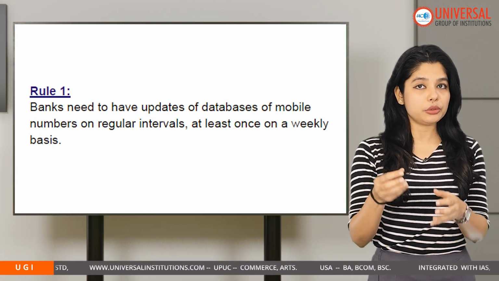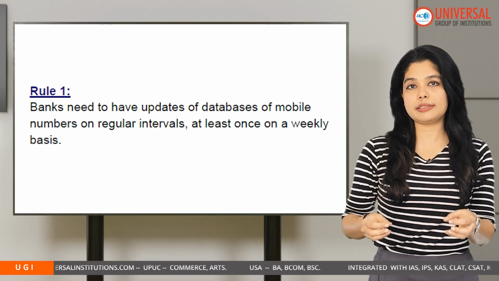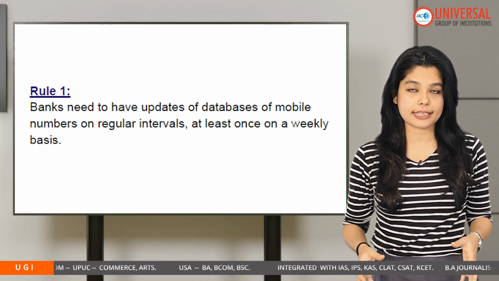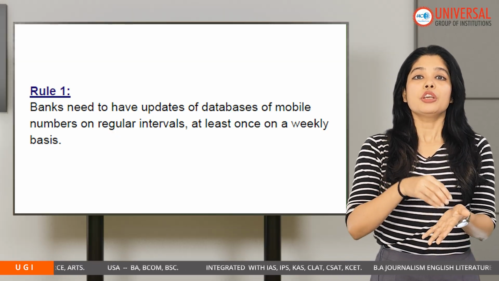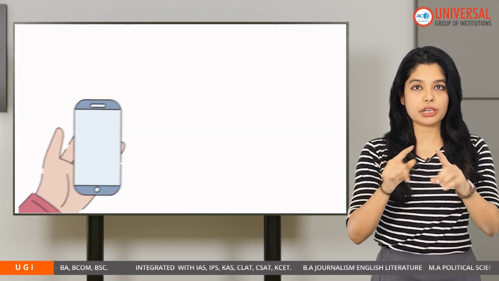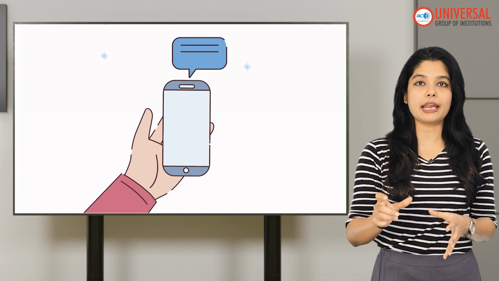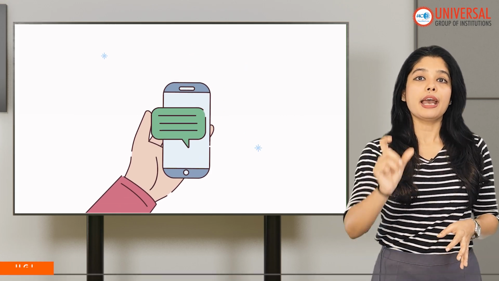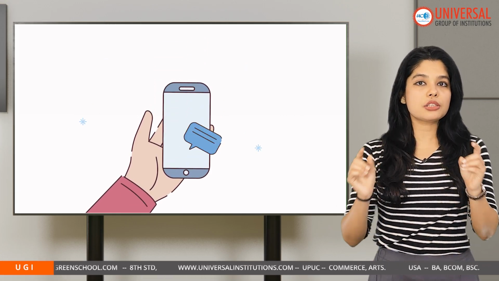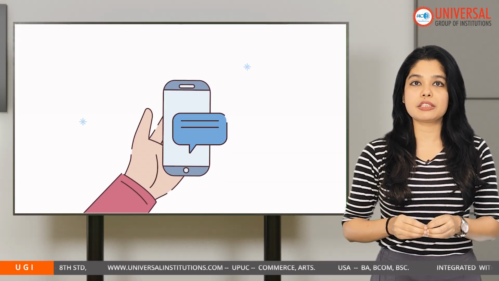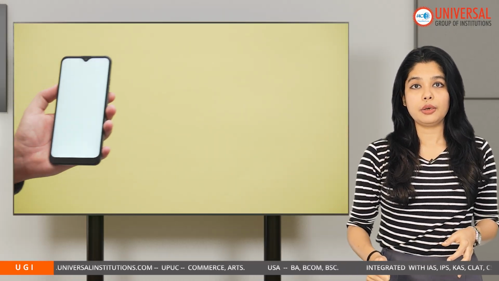Let's discuss how this Rule 1 is going to be implemented. You will get a notification, a message on your mobile number or your email saying this is your UPI ID and this is your number. Once you get that message, you have to give your approval.